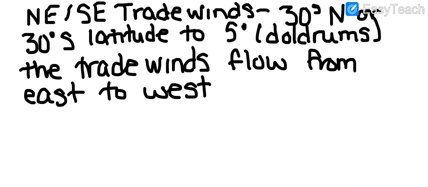So they've got northeast trades because they come from a northeastern direction, southeast trades because it's on the other hemisphere coming from the southeast direction. And those are going towards the doldrums. So far, so good.